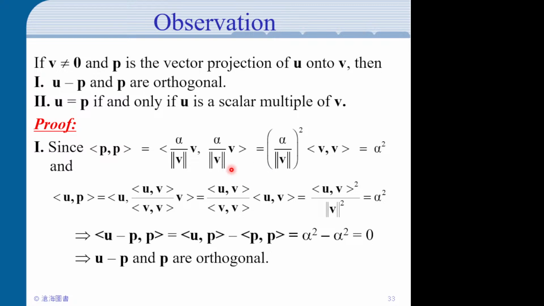Alpha divided by the norm of v is just a scalar, so we get the scalar squared times the inner product of v with v. So here we have alpha squared and the norm of v squared, but we know the norm of v squared is the inner product of v with v, so it cancels out and this term is alpha squared.